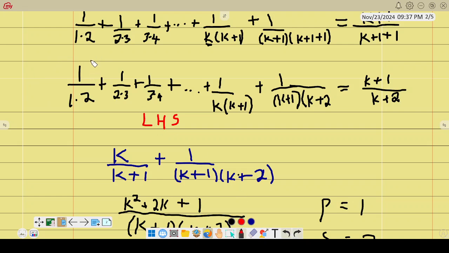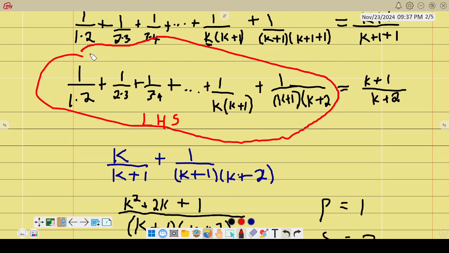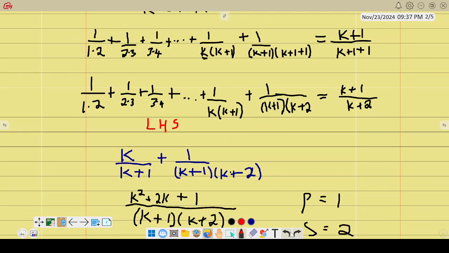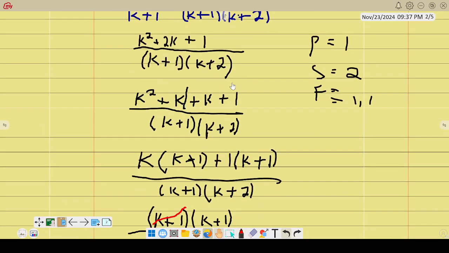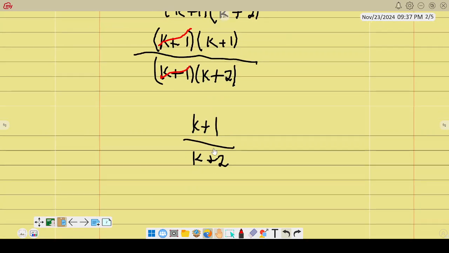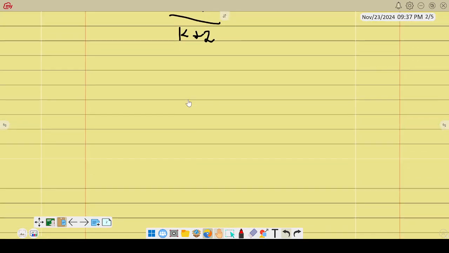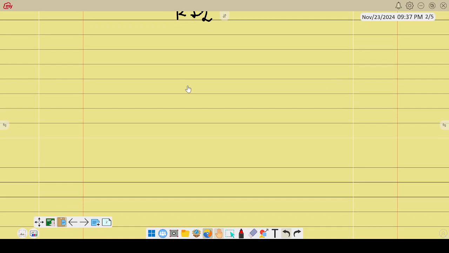So we are working with the left hand side to try and see if we're going to end up with the right hand side, k plus 1 over k plus 2, and we have achieved that. So I've proven by mathematical induction that the statement is true.